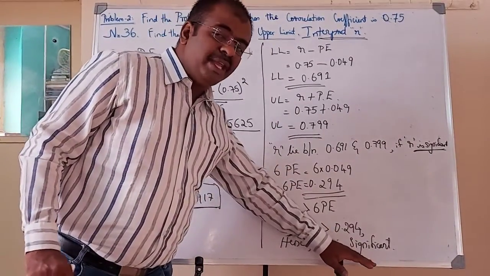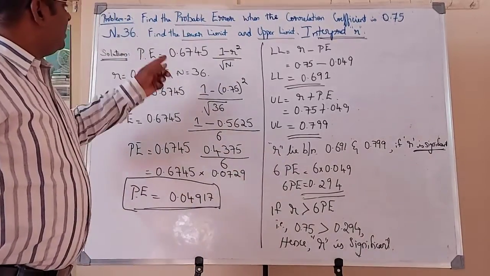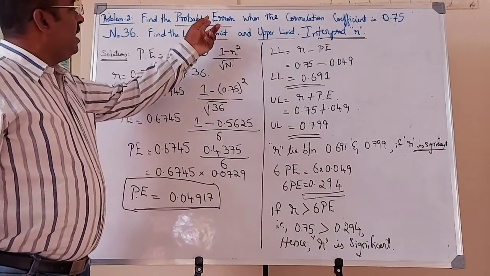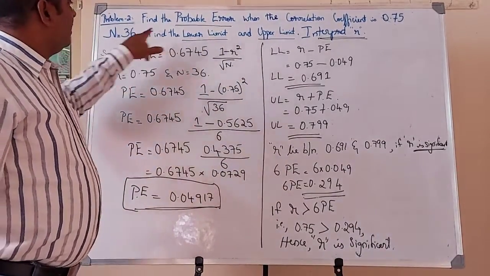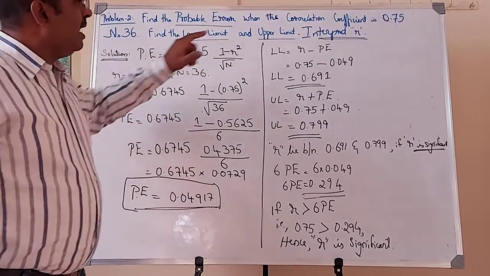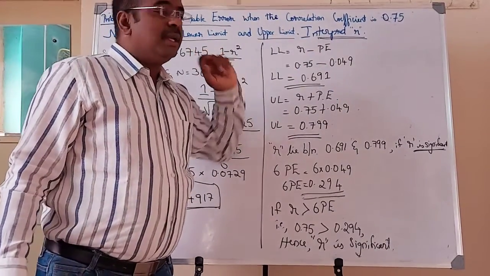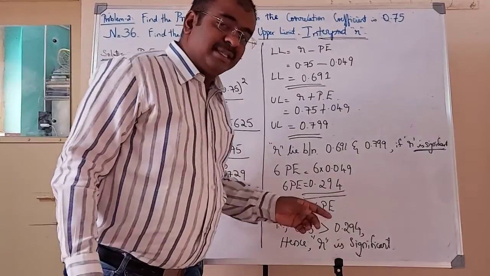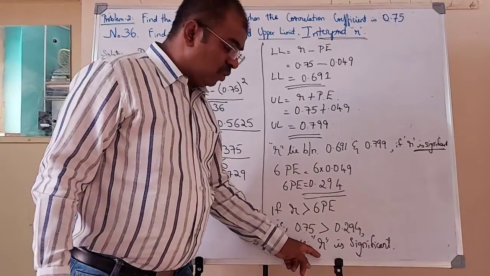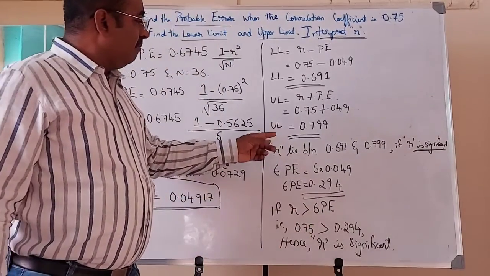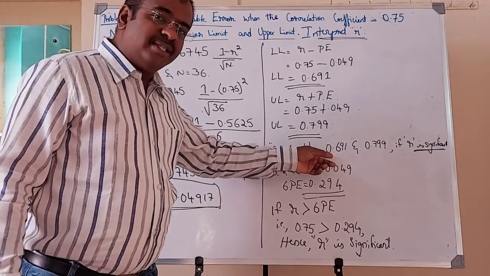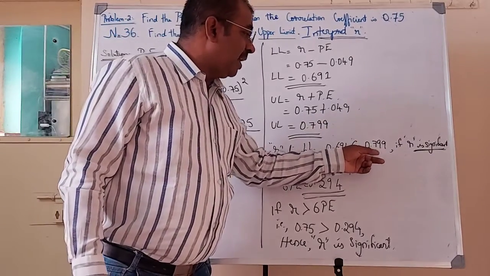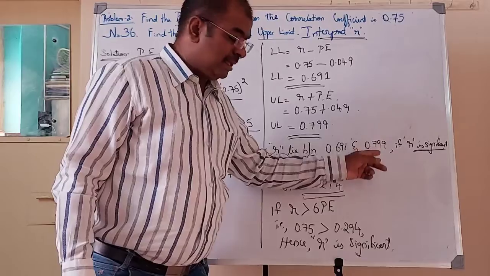Now, what does this mean? It means if the same experiment is repeated with the same sample size and in the same universe, there are majority chances that the coefficient of correlation will lie between the lower limit of 0.691 and the upper limit of 0.799.